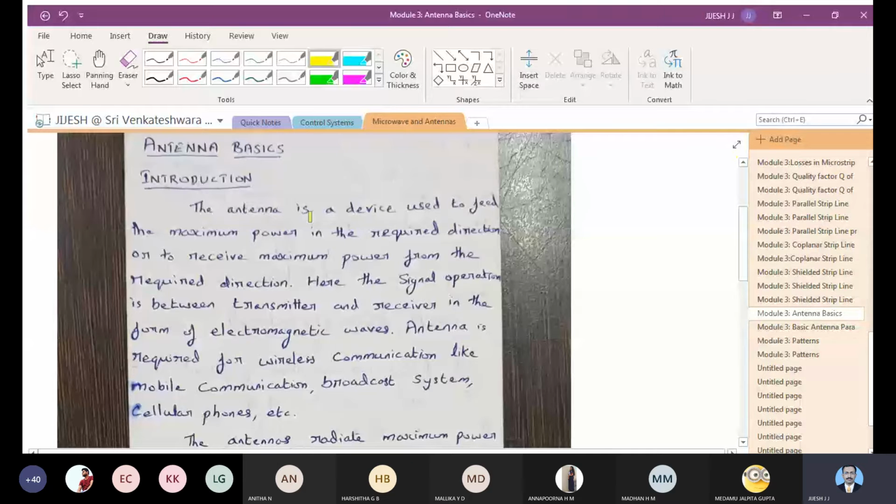The antenna is a device used to feed maximum power in the required direction, or to receive maximum power from the required direction.